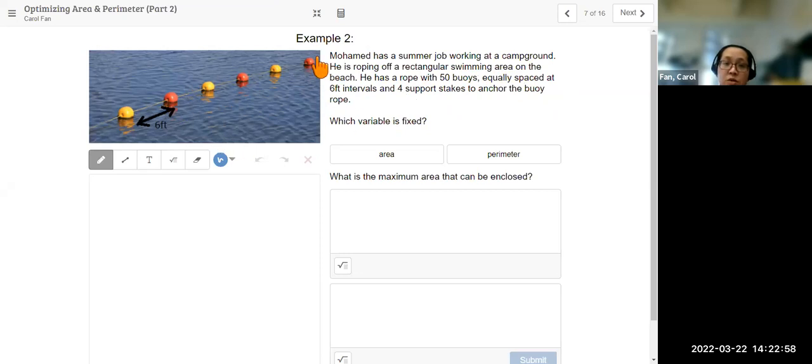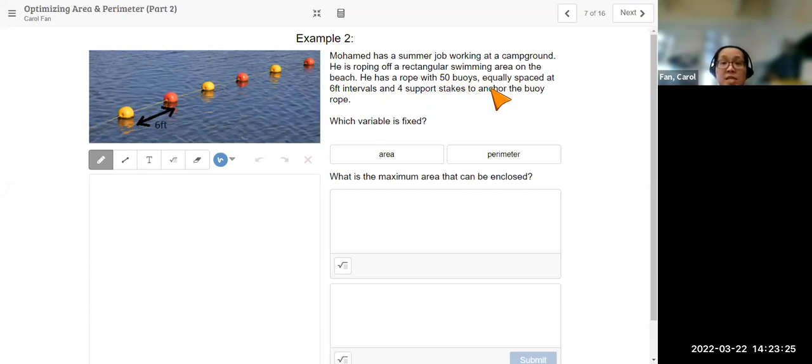Now, what we do know is we have 50 of these at 6 feet intervals. So once again, we can express things in terms of buoys, or we can use the unit of feet. Probably using the unit of buoys is easier because you've got less of them.